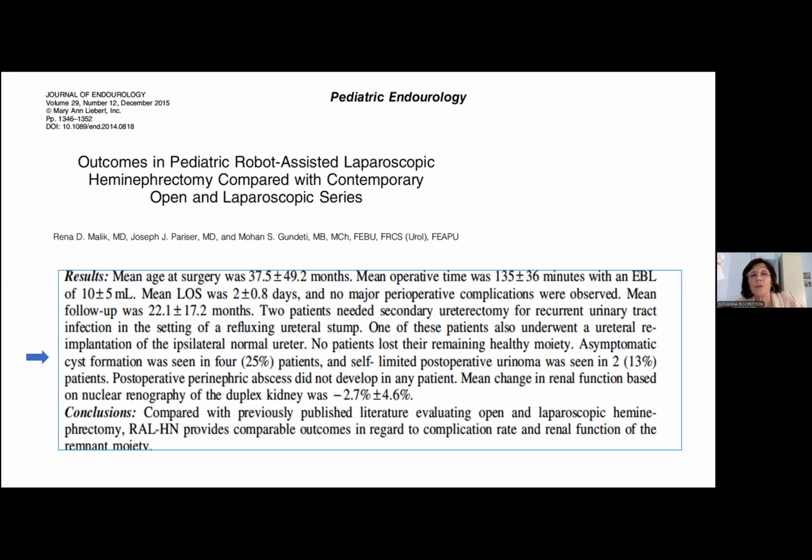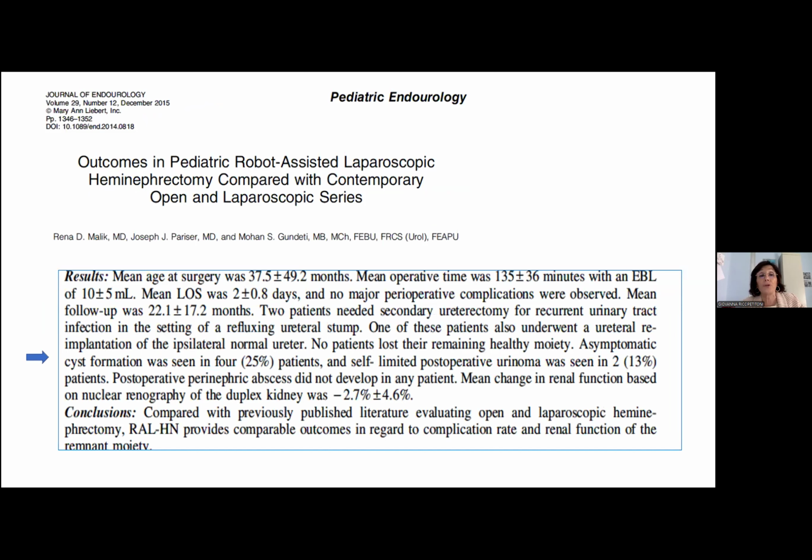Then I want to underline this recent paper which did a comparison between robotic, laparoscopic, and open surgery for heminephrectomy.